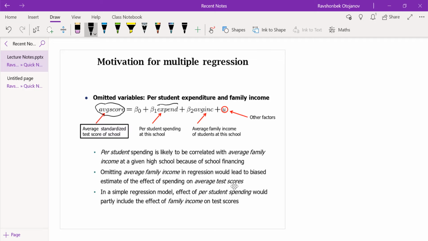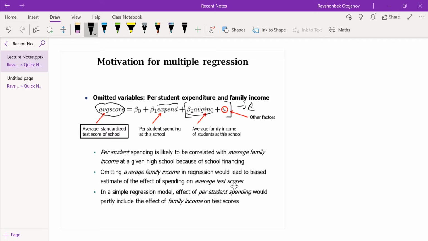So let's assume that we estimated this model without the average income included. As a result, average income would have been in the u. Let's say this becomes an e. We also know that average income is correlated with expenditure. So there is a positive correlation, strong or weak.